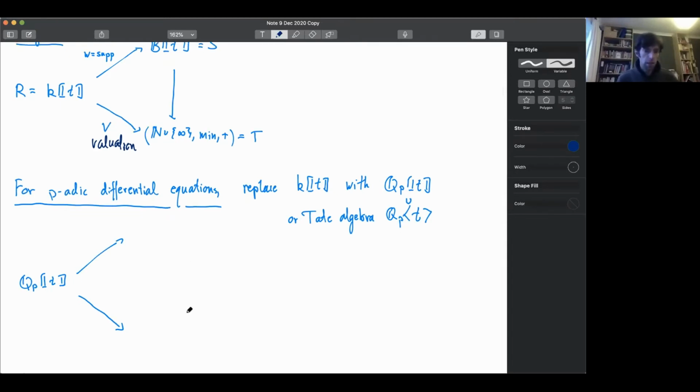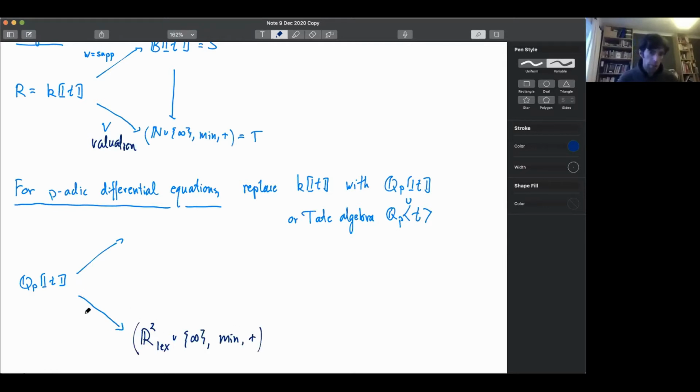So in fact, you want to change what we use as the valuation and map down to, I'll write this as R^2 with the Lex ordering. I'll add in a point at infinity for good measure and give this the min-plus idempotent semi-ring structure.